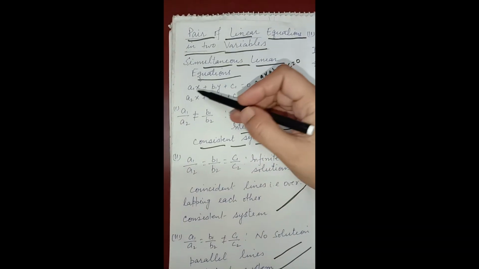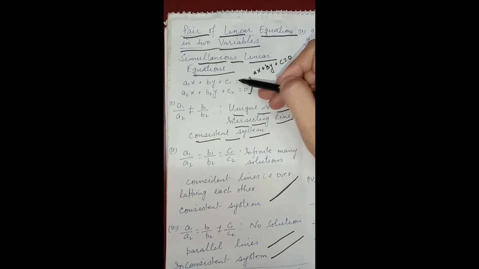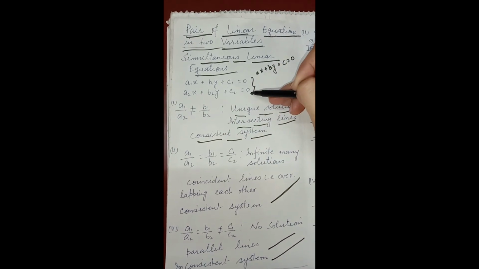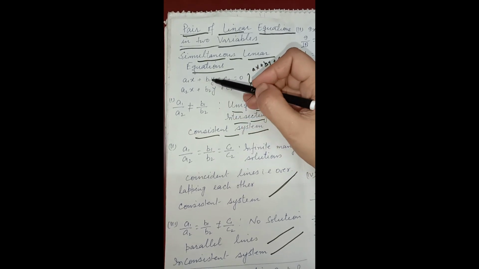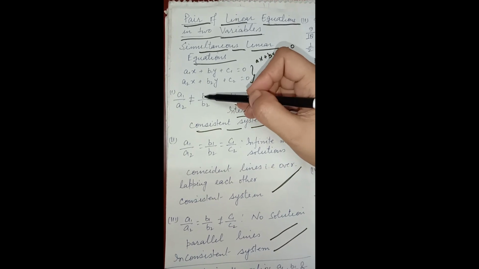Again, repeat it. First we consider two equations: a1x plus b1y plus c1 equals 0 and a2x plus b2y plus c2 equals 0. And we will find the ratio of the x and y coefficients, a1 upon a2 and b1 upon b2.